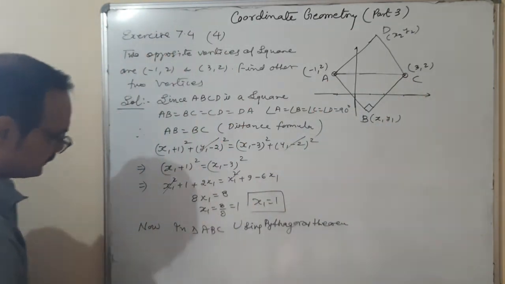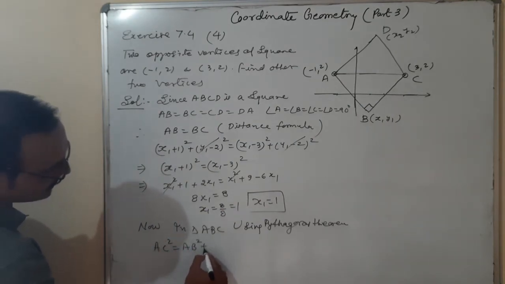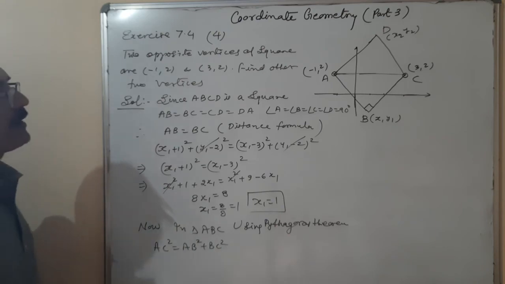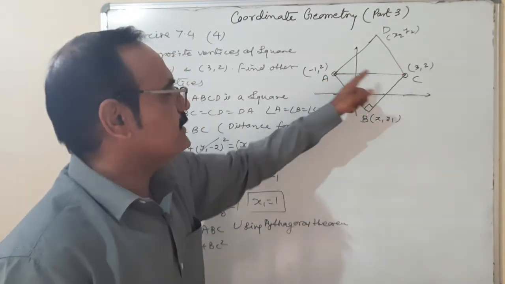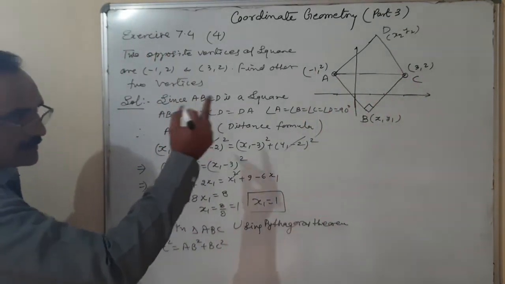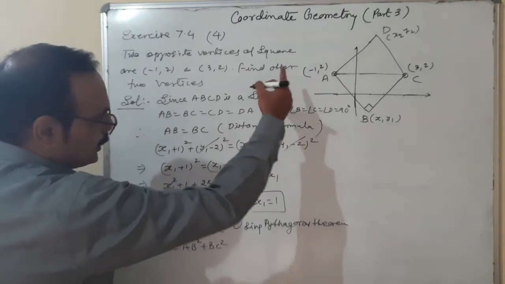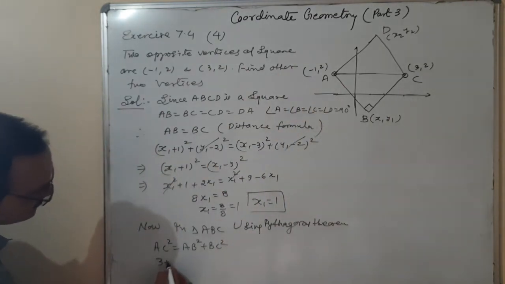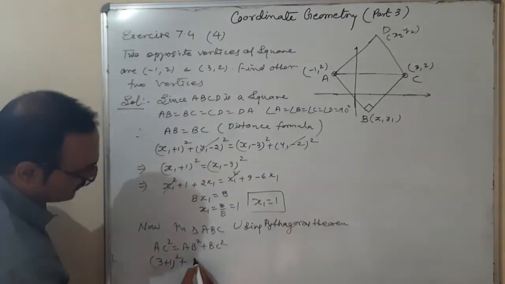AC square is equal to AB square plus BC square. AC square, using the distance formula, is (x2 minus x1) whole square plus (y2 minus y1) whole square, so (3 plus 1) whole square plus (2 minus 2) whole square.